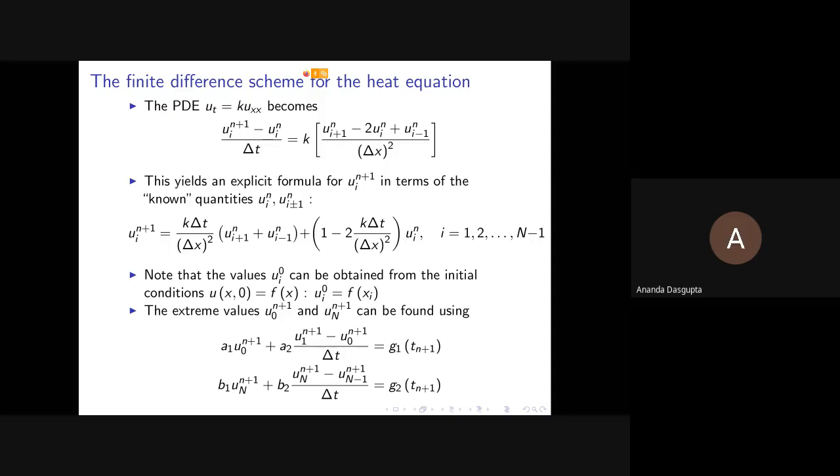Remember, your values are given at t equal to 0, and you want to find it at t equal to 1. Can you find that by just plugging in the values in this formula? Or do you need to solve anything?